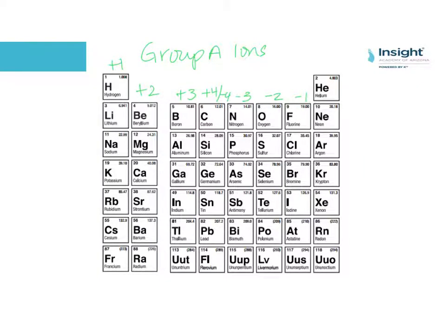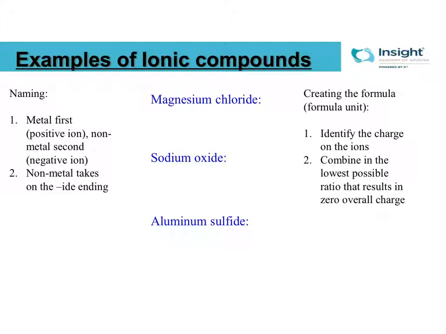When it comes to creating the formula, or the formula unit, as you may see it referred to, there are 2 steps. First, determine the charge of the 2 ions that are present, and then combine them in the appropriate ratio that cancels out that charge.